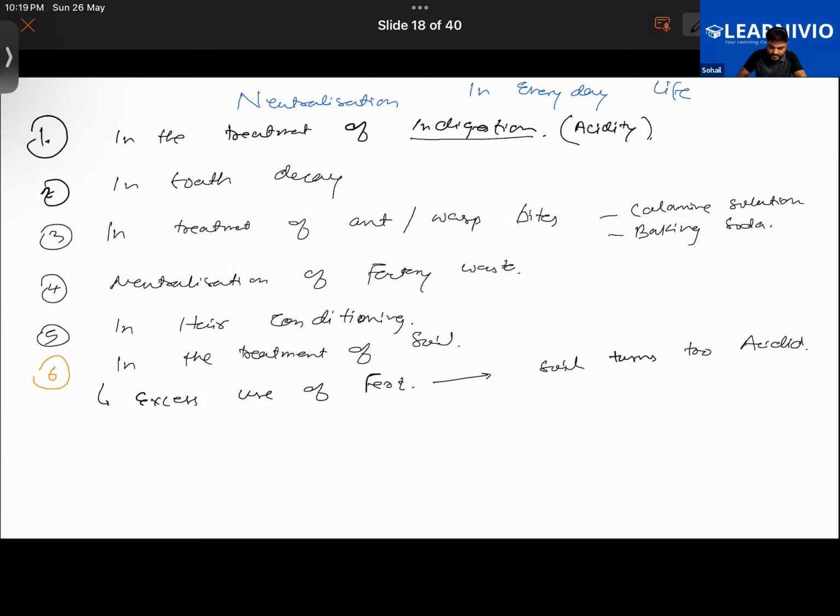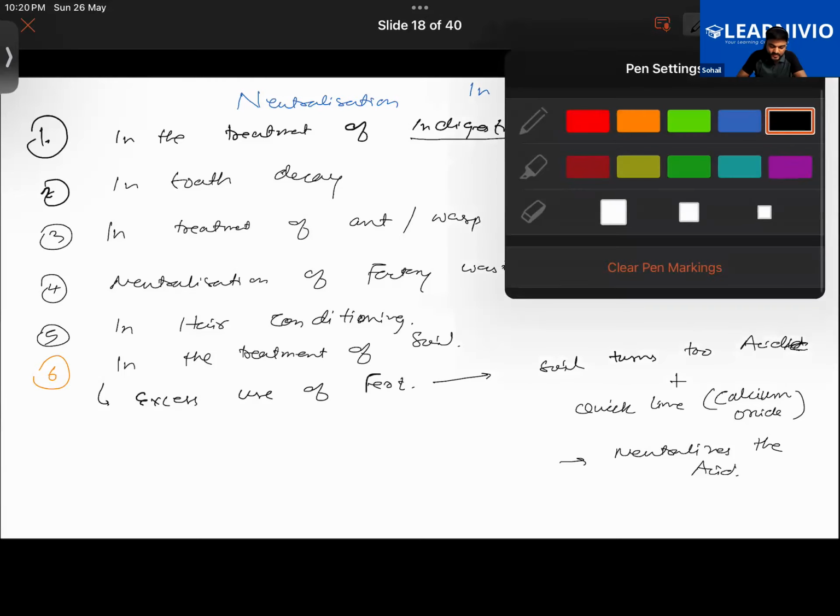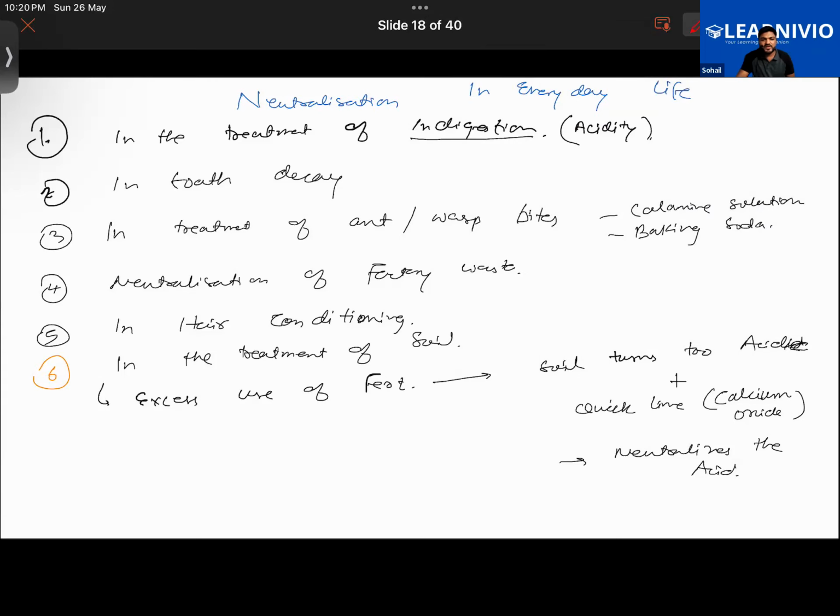Too acidic, so it has to be treated with quick lime. Quick lime is basically calcium oxide. So this will neutralize the acid. Here excessive use of chemical fertilizer is turning it acidic.